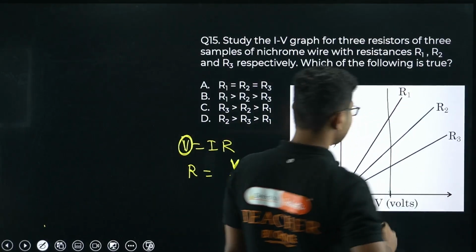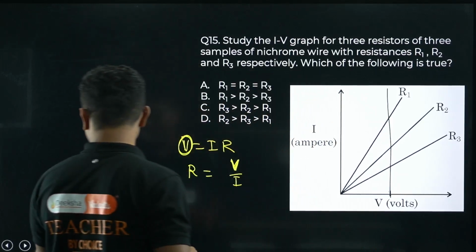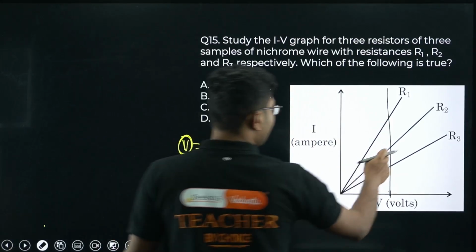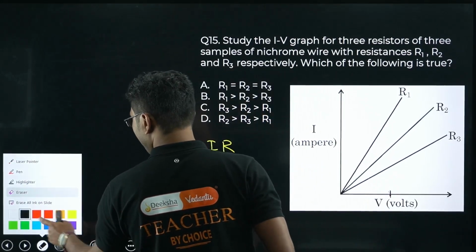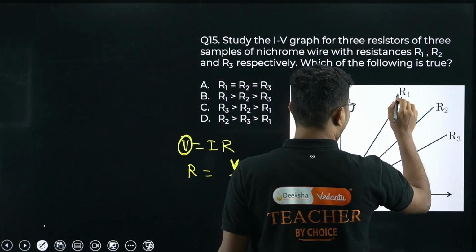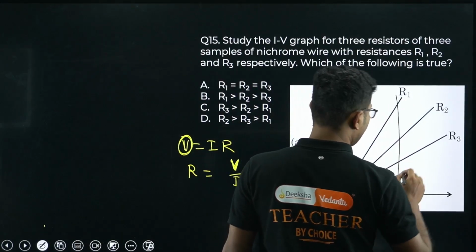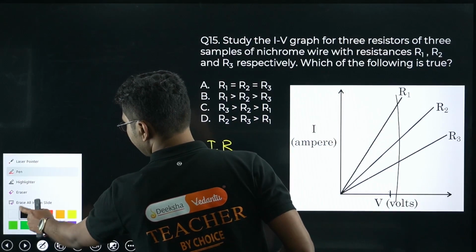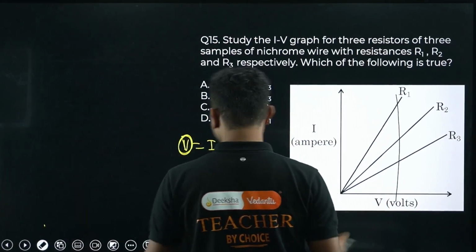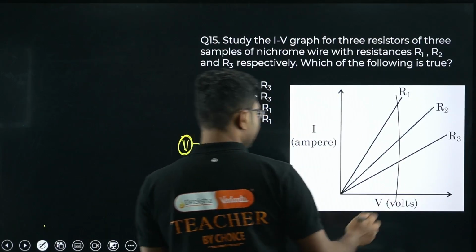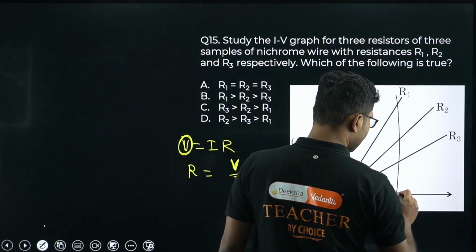That will give me a fixed V. I am drawing with my bare hand, so this is my fixed V.